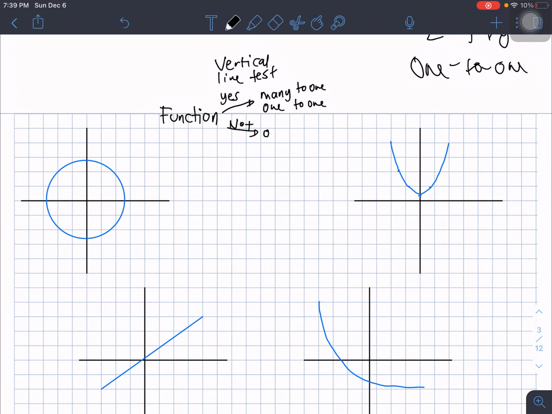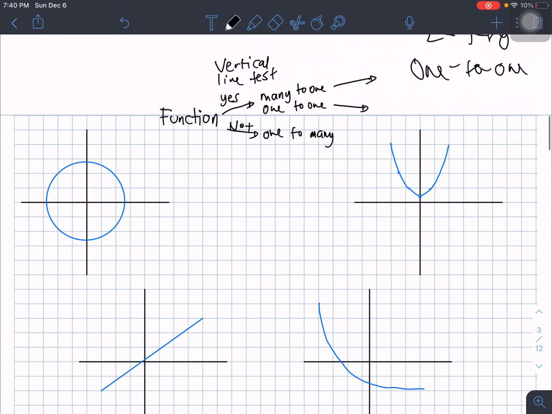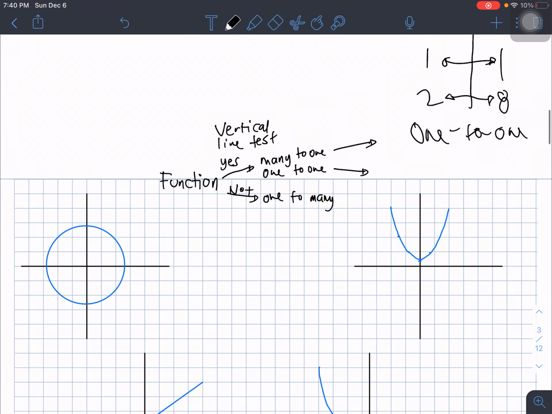So it might be a one-to-many correspondence or one-to-many relation. A many-to-one function or many-to-one correspondence will not pass a horizontal line test.